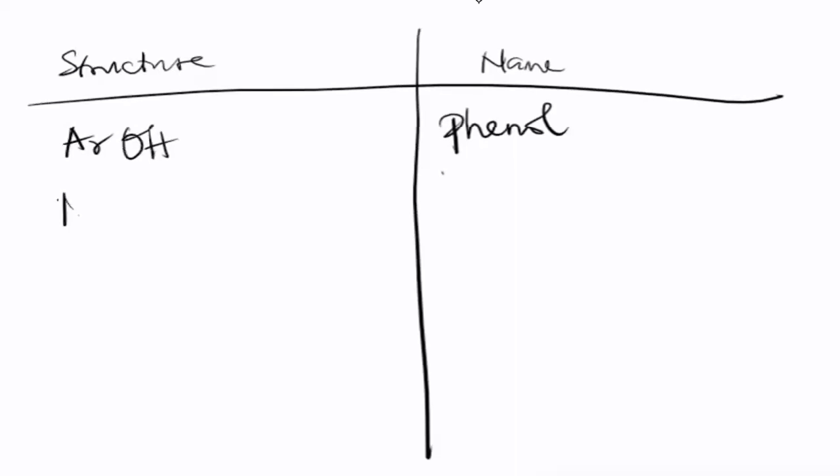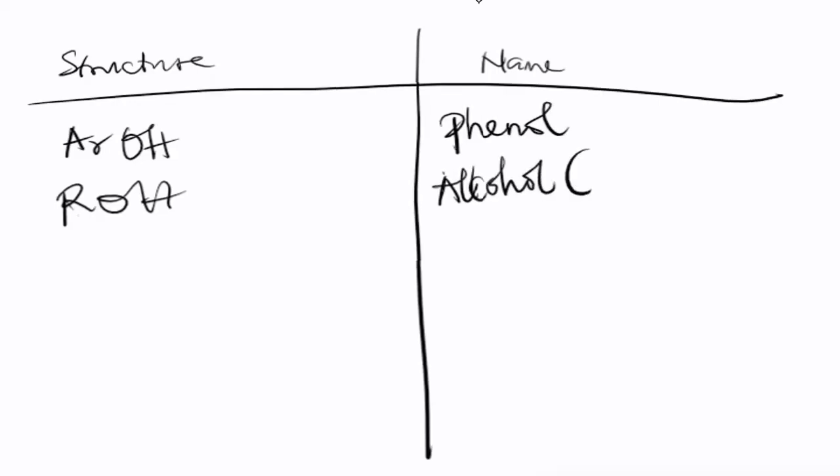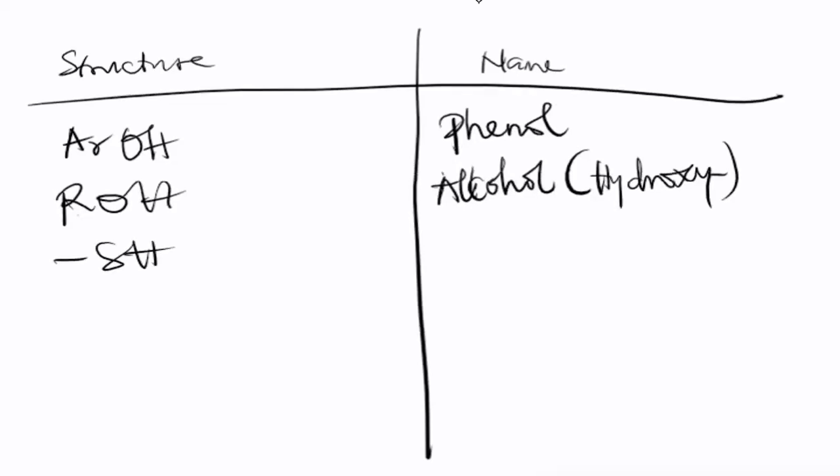So the next is an alcohol, which is an alkyl group with an OH. So we have the mercaptan next, also known as the thiol. So thiol or mercaptan.